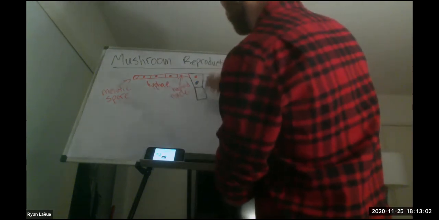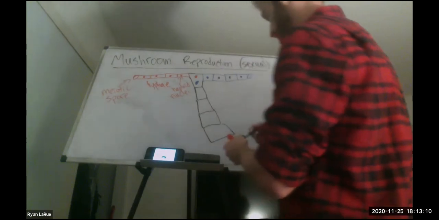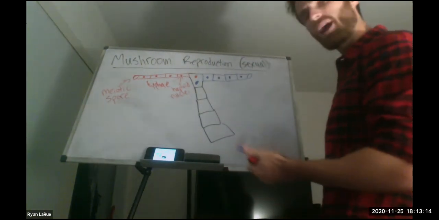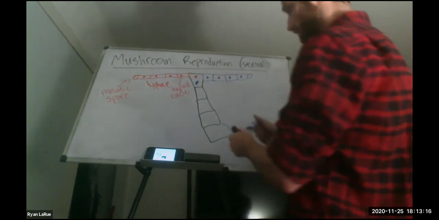So I'll just draw a few of these cells. I'll draw one more. So all of these cells have two nuclei, two haploid nuclei inside.